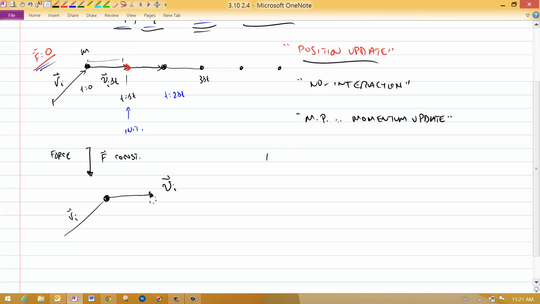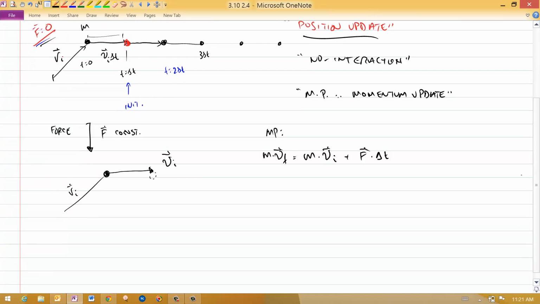So what does the momentum principle say? m times v final is equal to m times v initial plus the force times delta t. That's exactly the update form of the momentum principle. If I divide everything by m, I get that the final velocity is equal to the initial velocity plus F delta t over m.